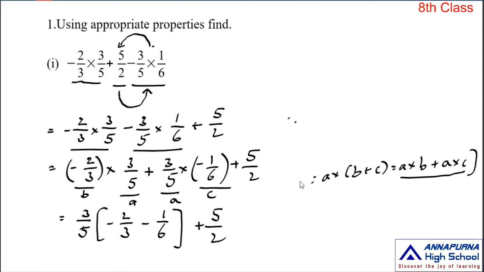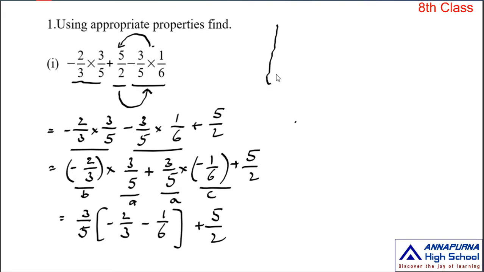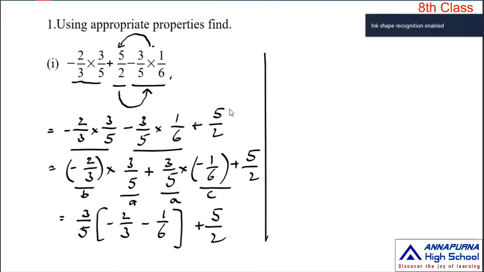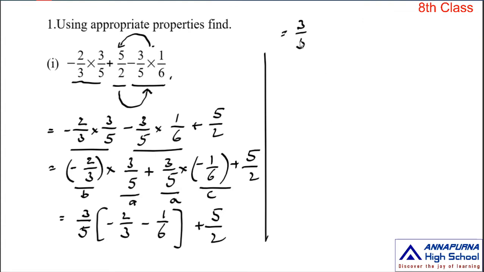Okay, now simplify. Now simplify the expression inside the brackets. It is equal to 3 by 5 into minus 2 by 3 minus 1 by 6.